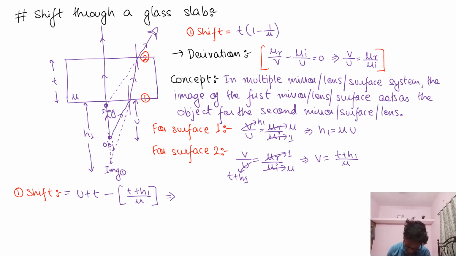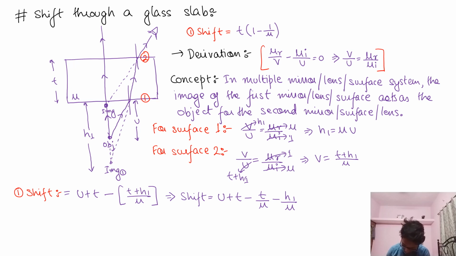Or you can simply say that shift is equal to u plus t minus t by mu minus h1 by mu. And what is the value of h1? The value of h1 is nothing but mu into u.